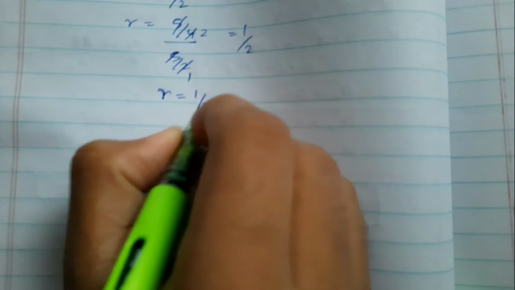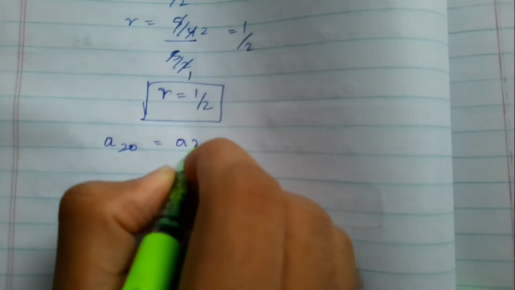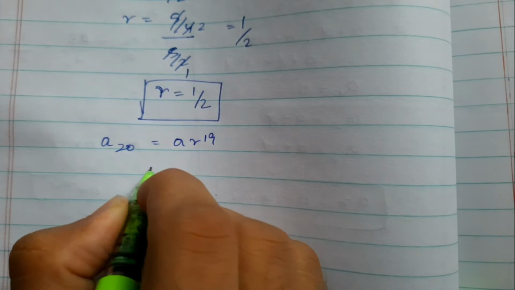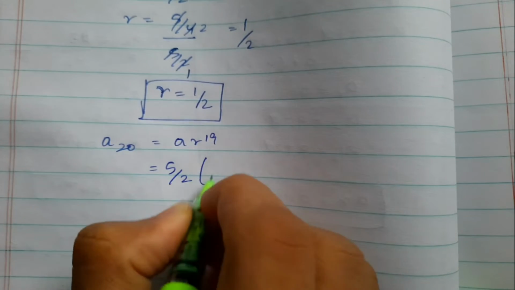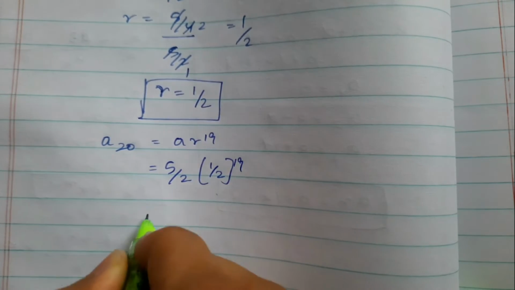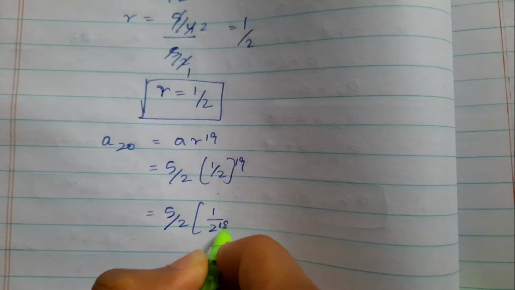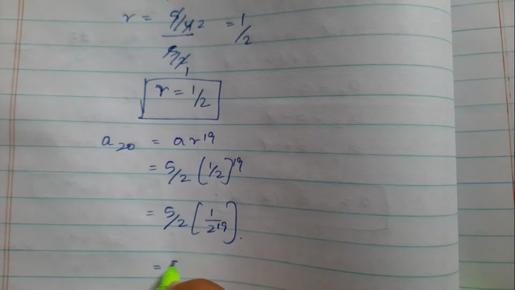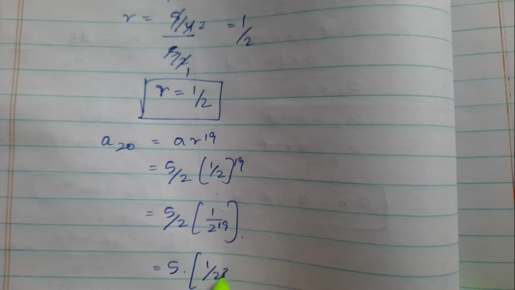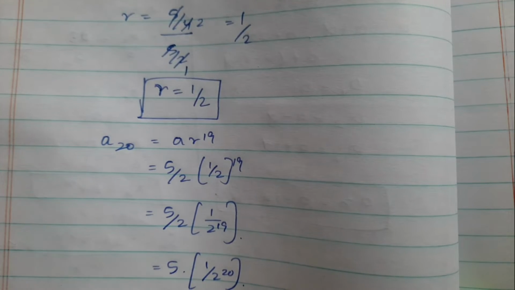Therefore, the 20th term A20 equal to A R power 19. So A equal to 5 by 2, R equal to 1 by 2, power 19. 5 by 2 into 1 by 2 power 19, that is 5 multiplied with 1 by 2 power 20.